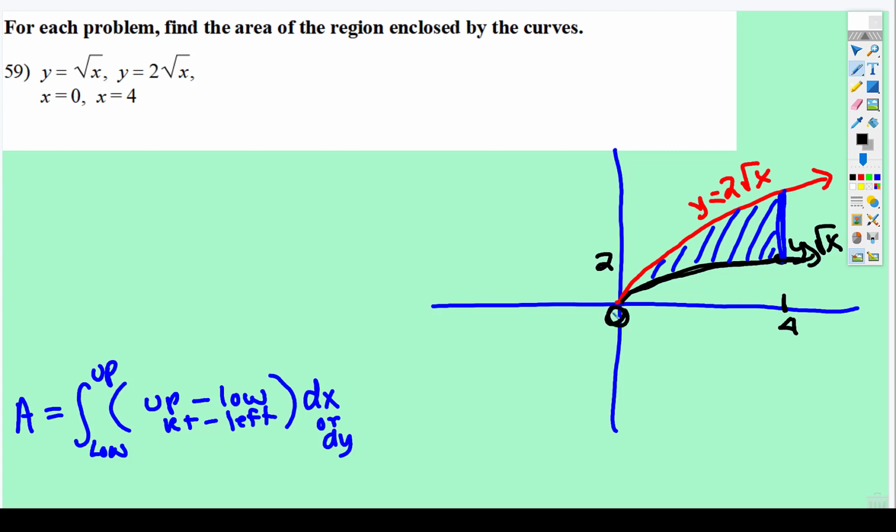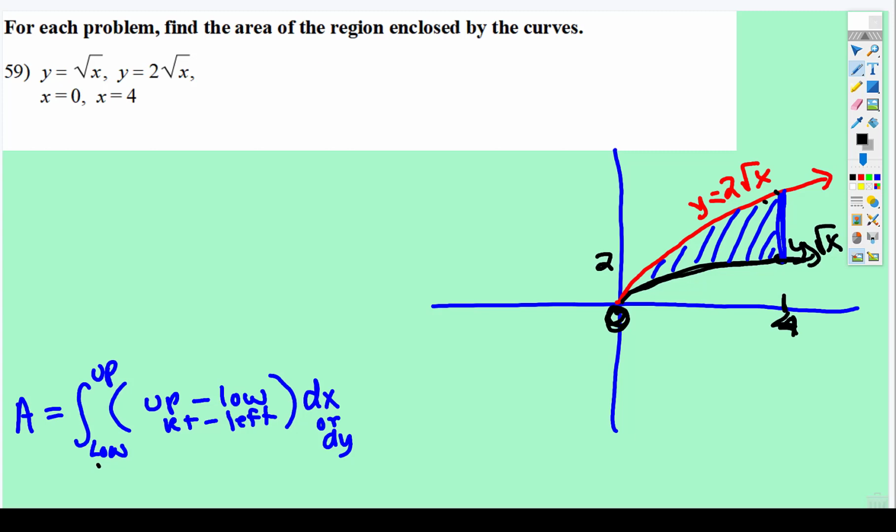And we know that the x values are from 0 to 4. Okay, so this is the setup. The lower bound goes here, the upper bound goes here, and then inside, take the upper function and subtract the lower function.